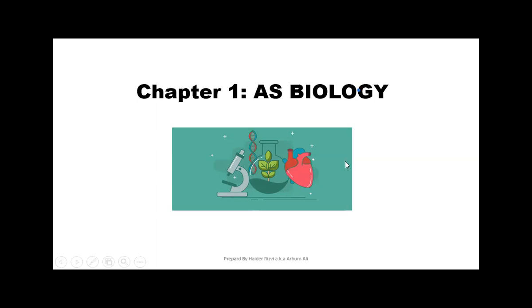We discussed the basics of what cells are and a basic concept of what microscopes are. Now we are going to discuss in detail the basic concept that AS biology requires, how you should know about the microscopes.